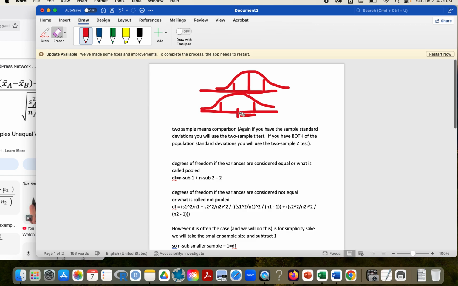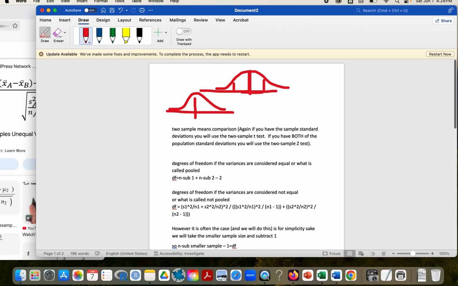Now, it would be much, much easier to tell what I'm saying if I did the following. Suppose we had this happen. The mean is way over here, and here is our distribution.